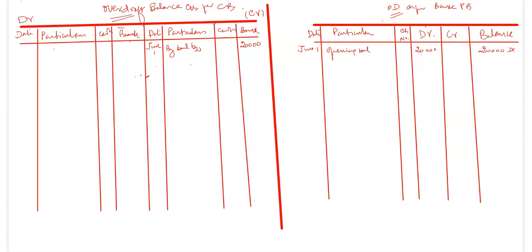Then let us assume some transactions. On June 3rd, received a check from Mr. Ravi, in the bank column, amount being 3,000.